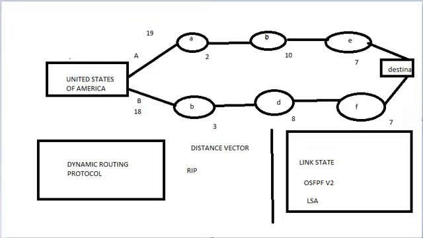So each router has a link state database, basically a collection of that information, and then it starts deciding, just like we did at the beginning of the video, which is the best path. So it costs 2 here, 10, 7, it costs 3 here, 8 here, 7 here. Open Shortest Path First is a popular dynamic routing protocol that is link state, and it happens to be the most important protocol.